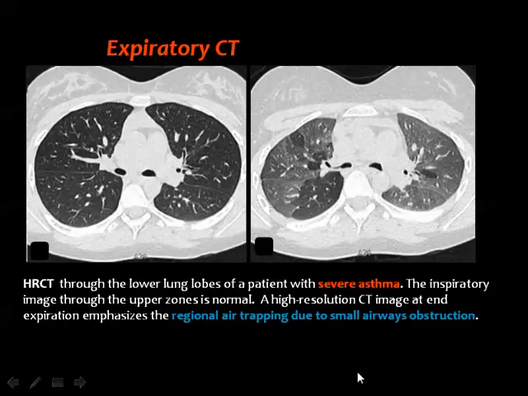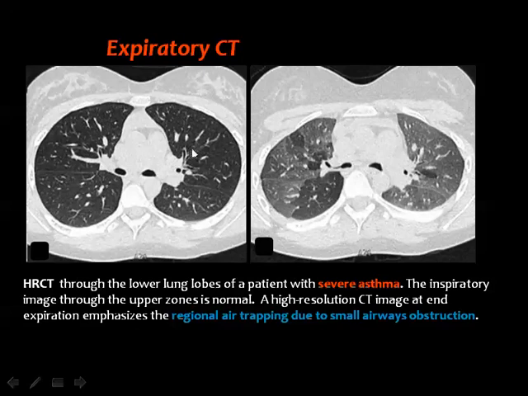Also, we may have this technique to augment the lung pathology. This is an inspiratory CT and expiratory CT. In patients with asthma, for example, sometimes you can see areas of air trapping. These areas are not seen unless you have this expiratory CT.